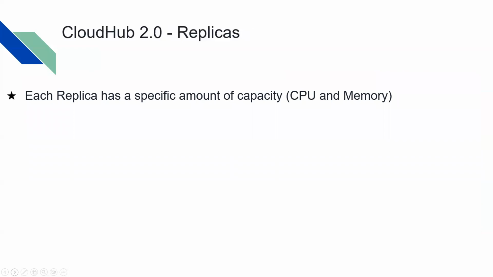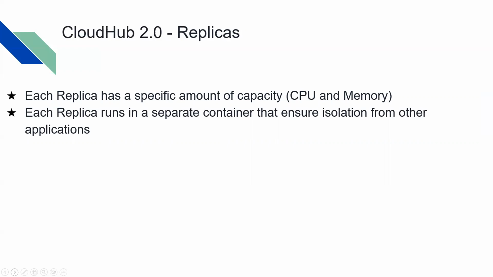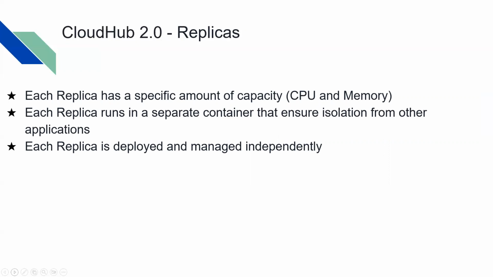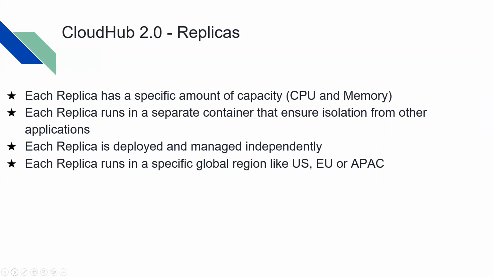If we go into a little more detail on CloudHub replicas, each replica has its own specific amount of capacity, meaning CPU and memory. Each replica runs in a separate container, and that way the applications are isolated from each other, and they are deployed and managed independently.